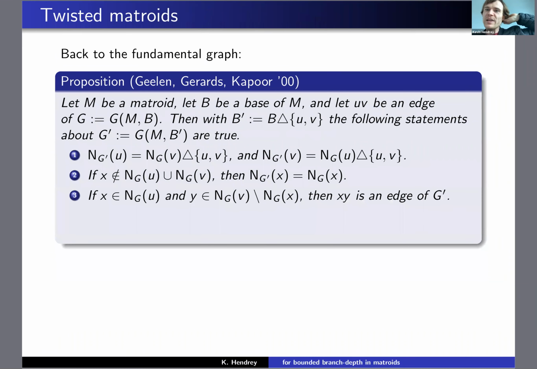Before I get into that proof, I'll say a few more things about fundamental graphs, because they were very useful for our proof. Suppose that we have a base of a matroid, and we consider some edge uv of the fundamental graph.